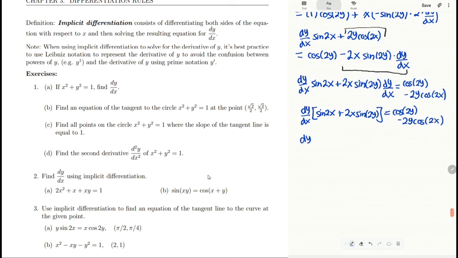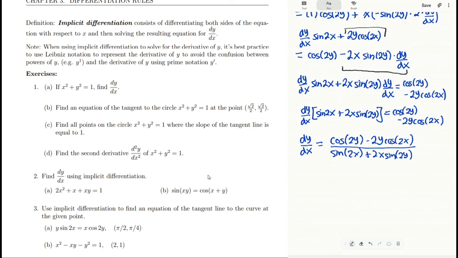And the last step is to divide by the square brackets. So dy over dx is the cos of 2y minus 2y cos of 2x all over the sine of 2x plus 2x sine of 2y. So that is our derivative.